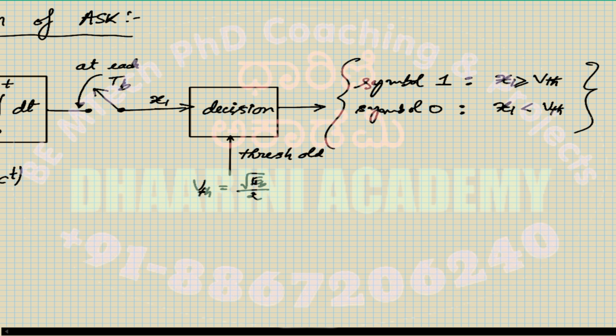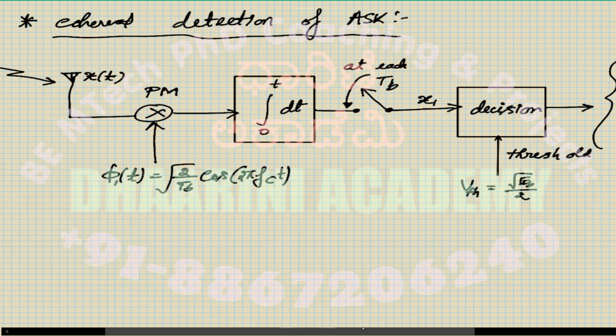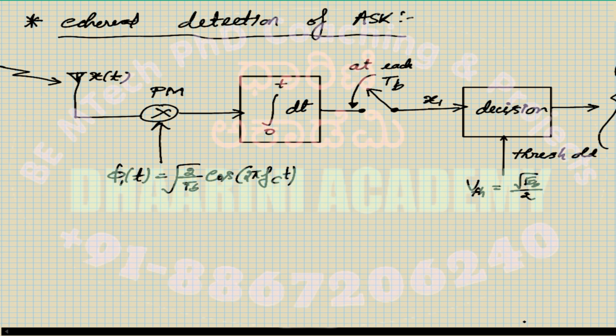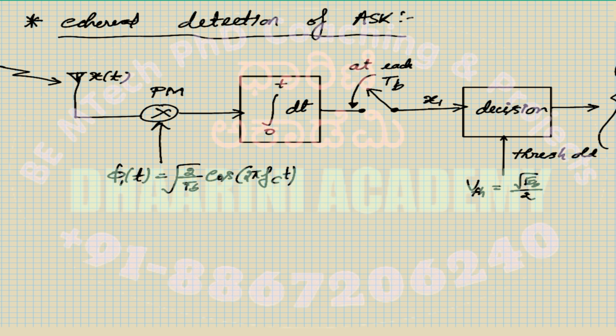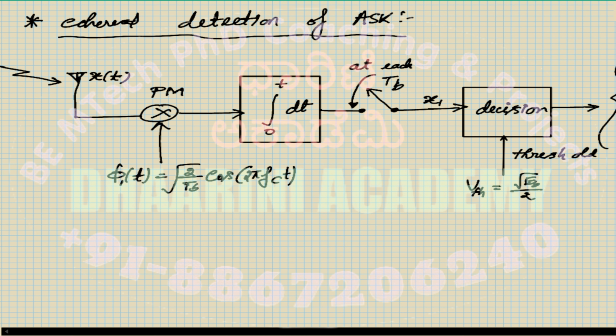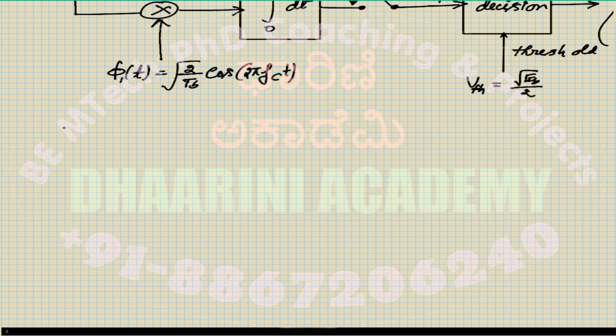Then, corresponding to any modulation technique, we have to have an equation for the probability of error. So that's the last point corresponding to ASK.